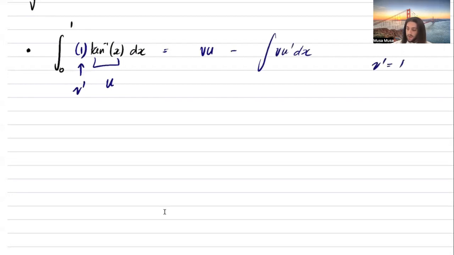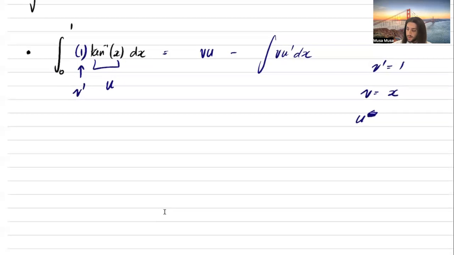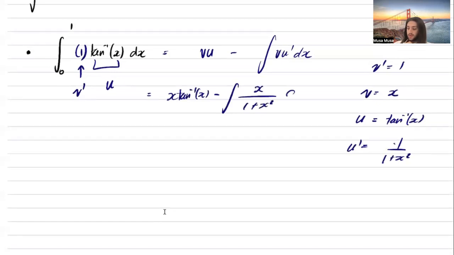Well, if v dash equals 1, v equals x, and if u equals inverse tan x, well, we know that the derivative of inverse tan x is 1 over 1 plus x squared. So this is going to be uv, which is going to be x inverse tan of x, minus the integral of, and it's vu dash, so it's going to be x over 1 plus x squared dx.